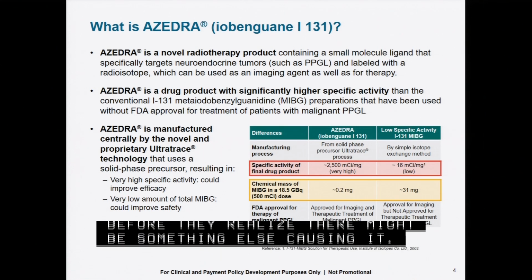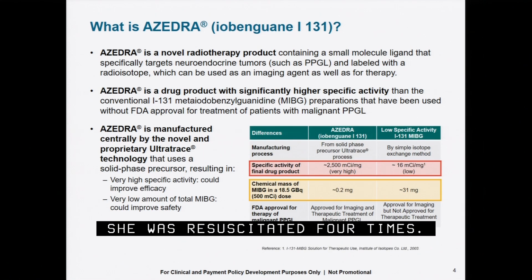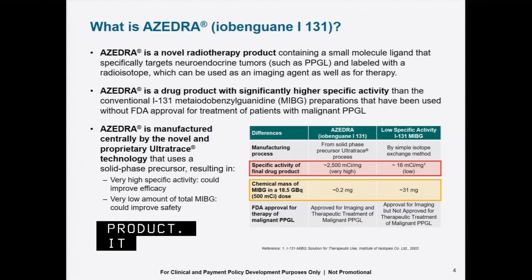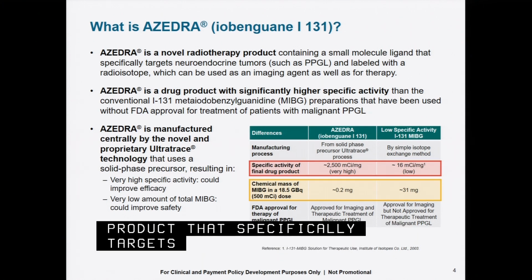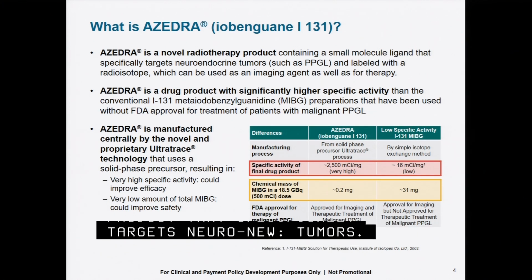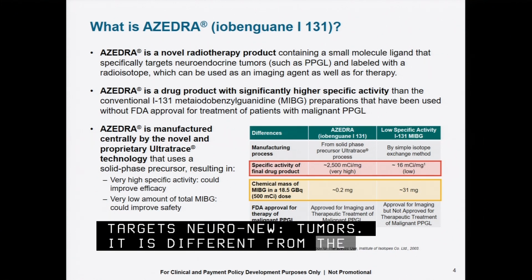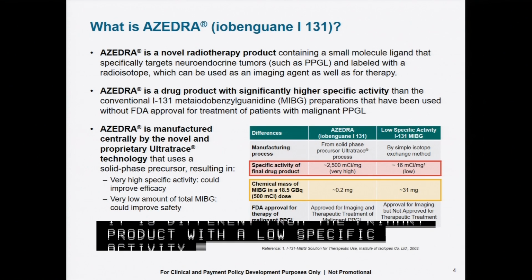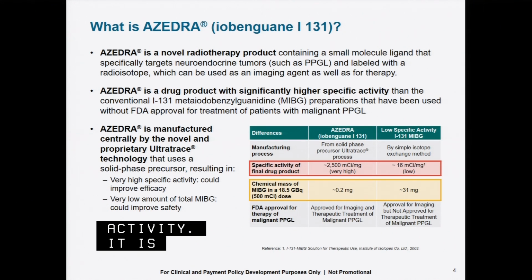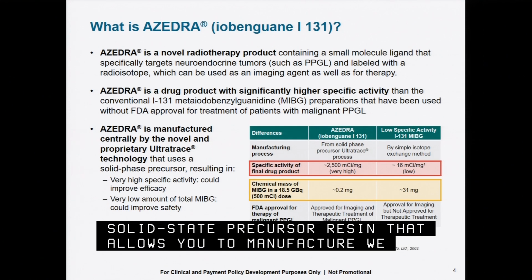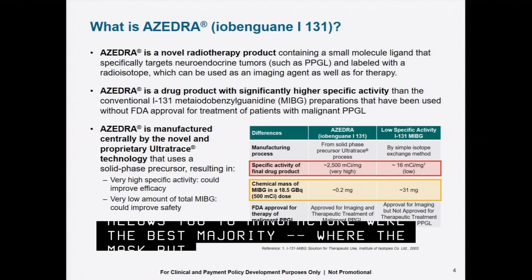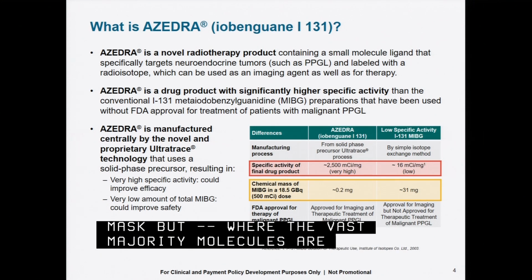So AZEDRA is a novel radiotherapy product, iobenguane I-131, also called MIBG. It is a high specific activity product that specifically targets neuroendocrine tumors, and we'll talk about the mechanism of action shortly. It is different from the prior MIBG products that had a low specific activity. It is manufactured centrally with a solid-state precursor resin that allows you to manufacture it where the vast majority of the molecules in the formulation are radioactive, whereas with the conventional low specific activity product, the vast majority of the molecules are not radioactive.